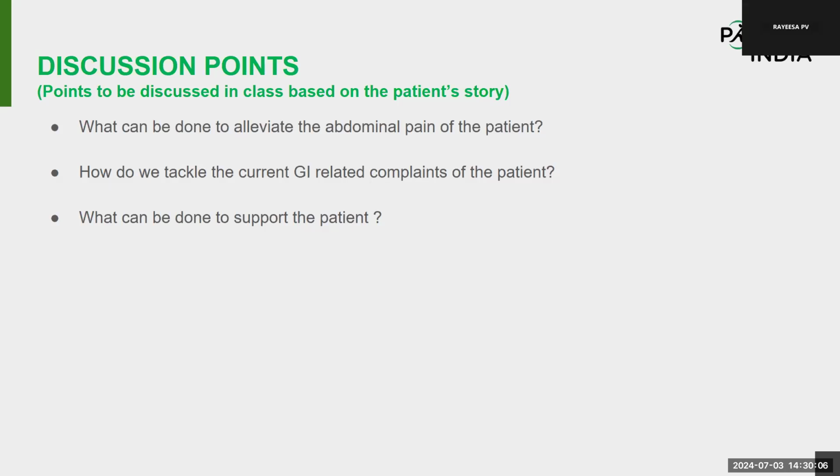Glycopyrrolate. Yeah, that's right. You can see that Dr. Vineetha says octreotide. Yes, that's also right. But what is the problem with glycopyrrolate? What are the other actions of glycopyrrolate? It will reduce the secretion. Yes, that's right.